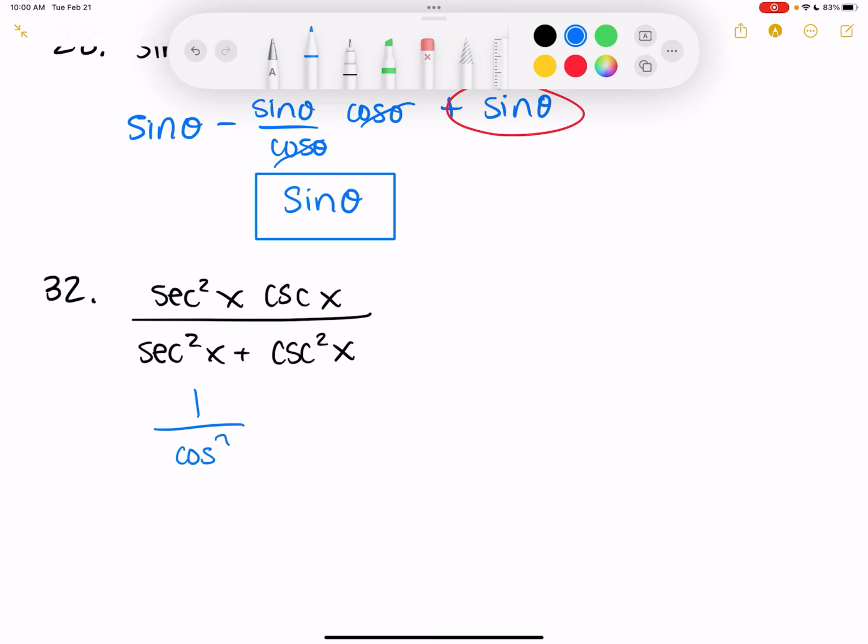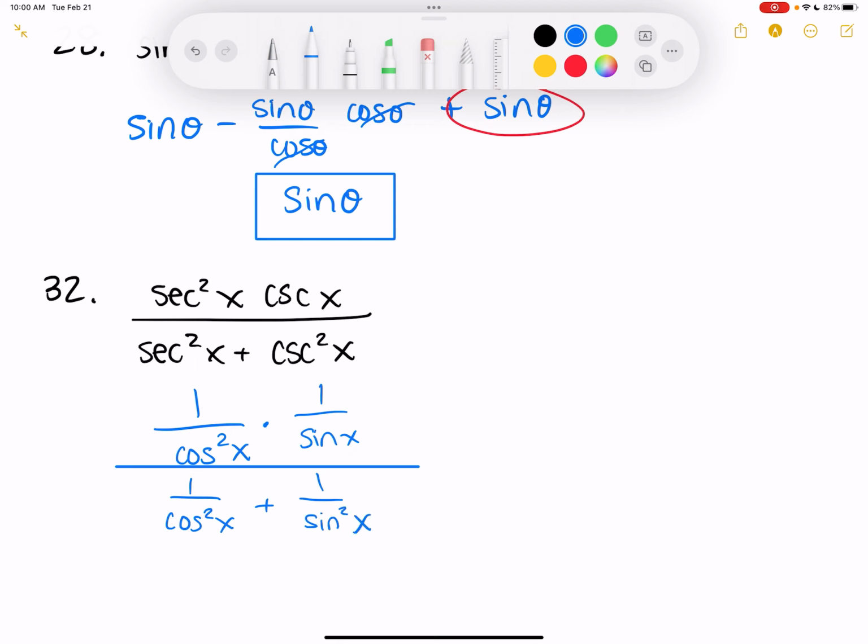Yes. Cosecant is 1 over sine. So 1 over cosine squared of x plus 1 over sine squared of x.